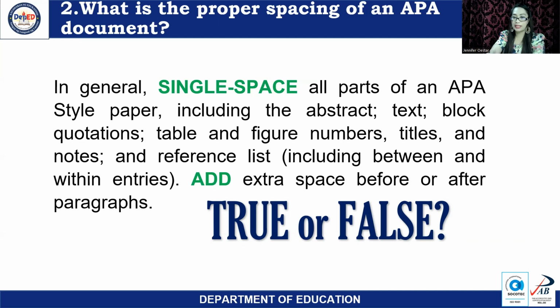Add extra space before or after paragraphs. Is the guide true or false? You are given 5 seconds again. Let's see. The answer is false. Why? Because it should be double space in all parts of the paper.